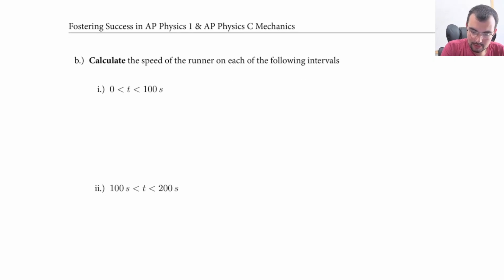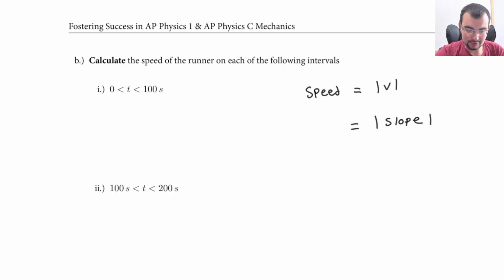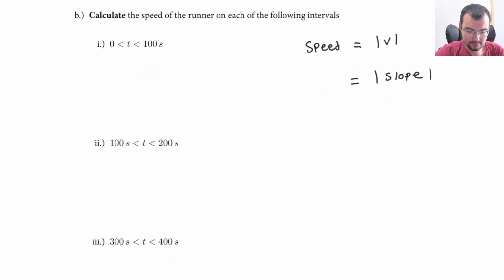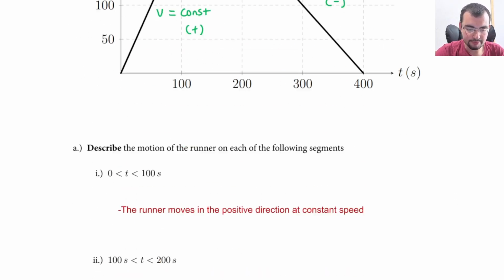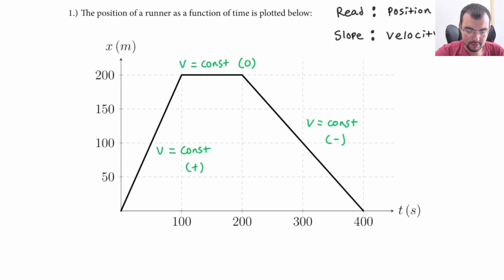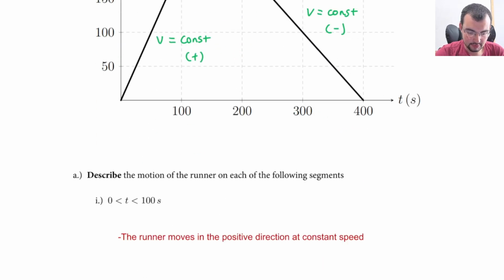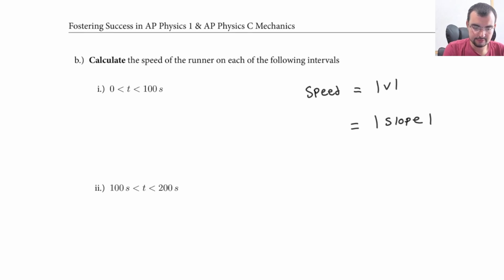So the speed is the absolute value of velocity, which is the absolute value of the slope, which is just rise over run. If we look at our 3 segments here, we can just take our little average velocity.